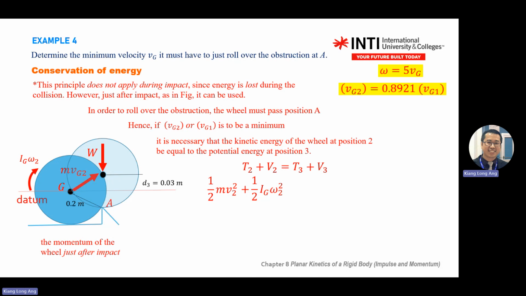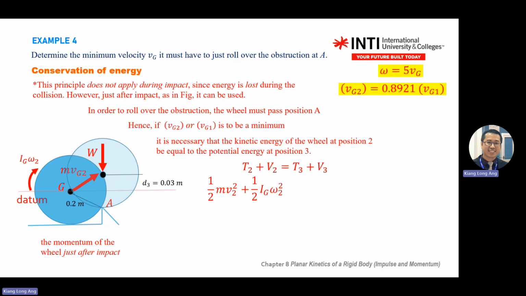Position 1 is where it starts to roll from rest. This is position 2, and this is position 3. Energy is not lost. There are two kinds of energy, kinetic and potential.